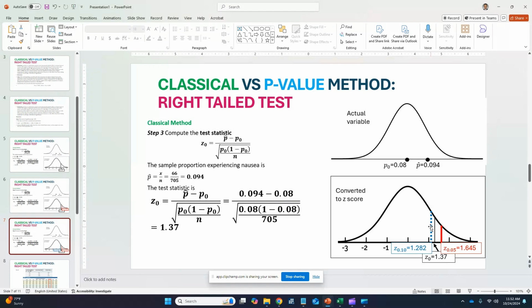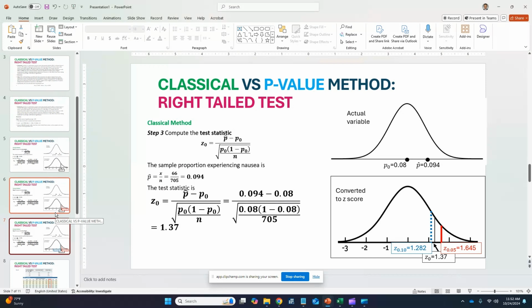So we can be more than 90% confident, but less than 95% confident. And that results in this situation where we can reject the null hypothesis at the 90% confidence level, but we cannot reject the null hypothesis at the 95% confidence level.